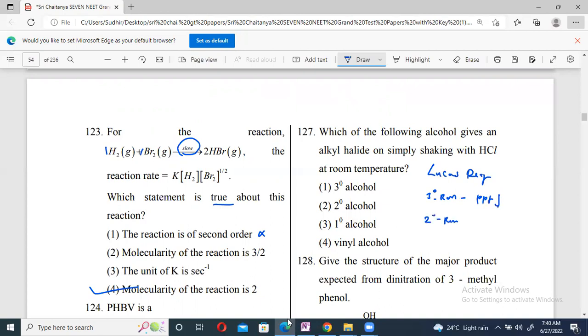If it is 2 degree, it will take 2 to 3 minutes for the formation of precipitate. And if it is 1 degree, no precipitate formation. He says that alcohol gives an alkyl halide. Precipitate is nothing but the formation of alkyl halide only. And that too, it gives an alkyl halide on simply shaking at room temperature. It should be 3 degree alcohol.